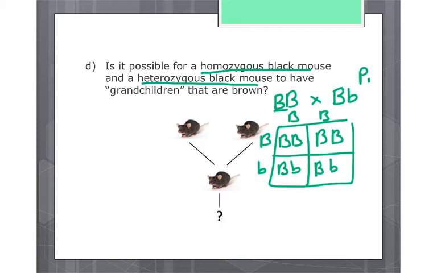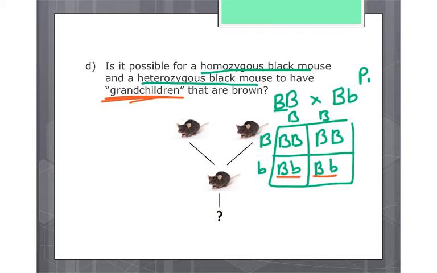So when I look at the phenotype, my probability is 100% black mice. But this is where things can get a little interesting: I have 2 mice that are heterozygous. So when the question comes, can they have grandchildren that are brown?